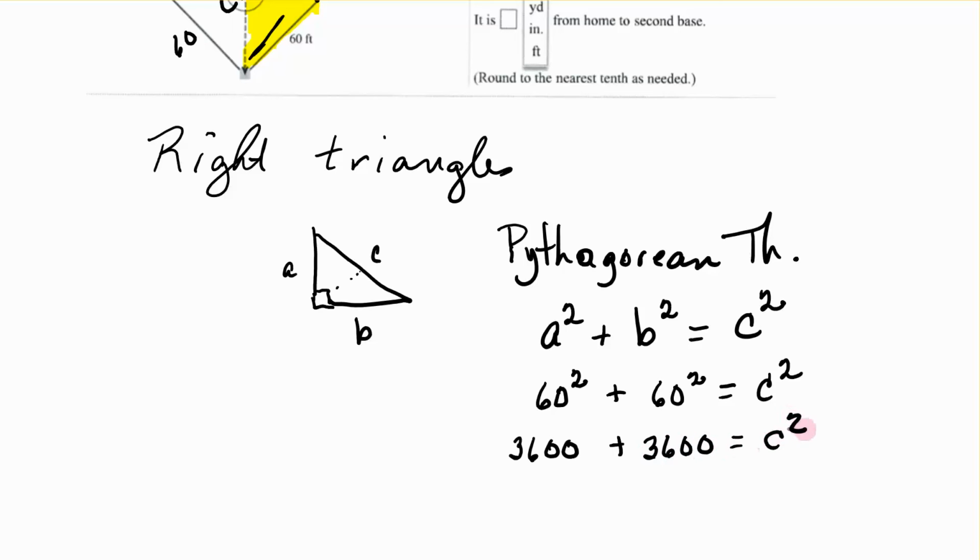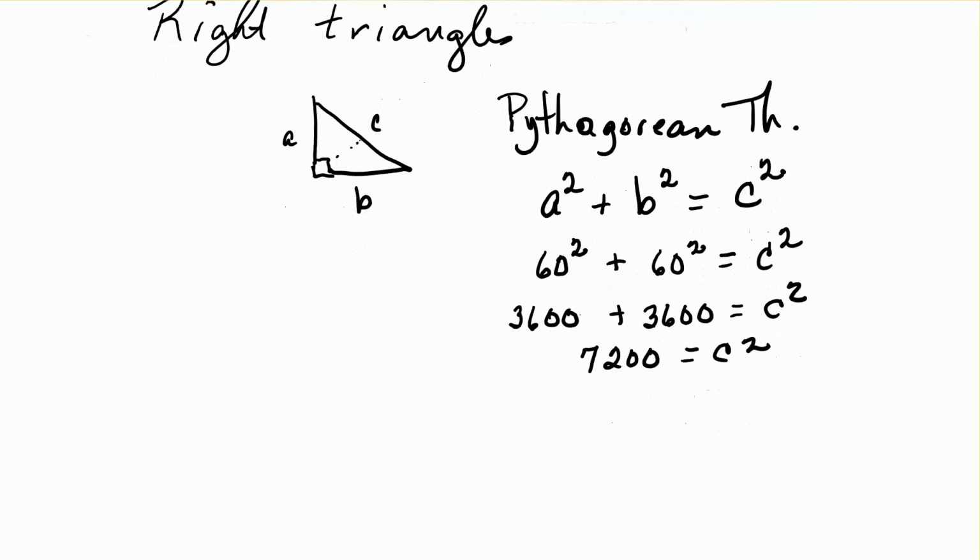So 7,200 is C squared. To find out what C is, we take the square root. So the square root of 7,200 is C.